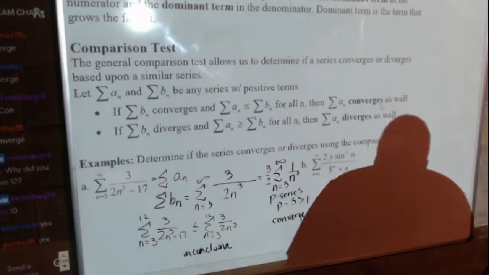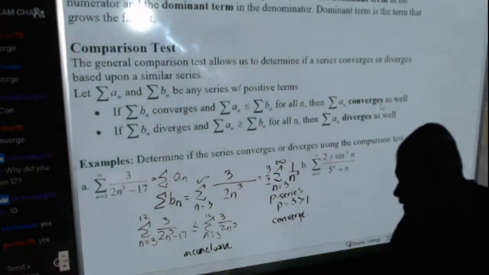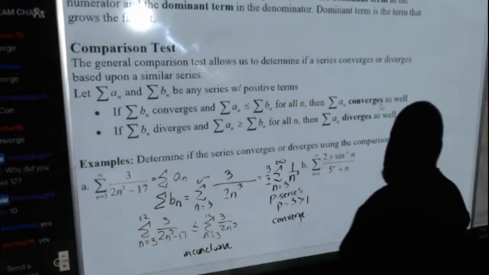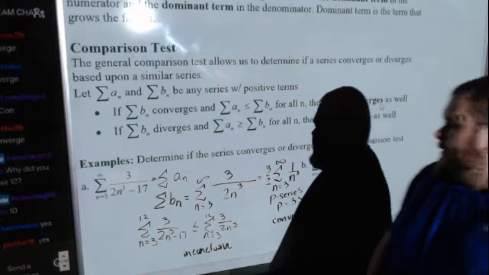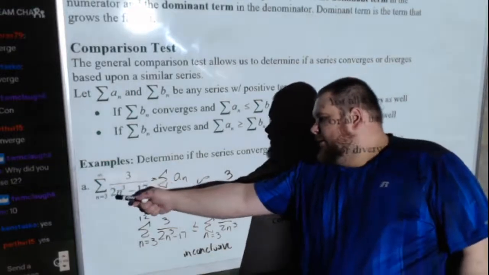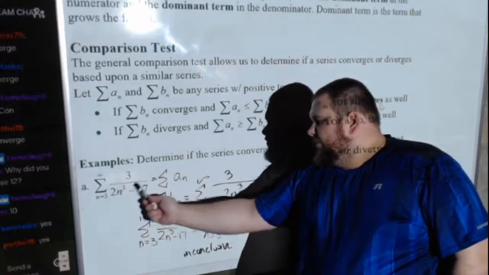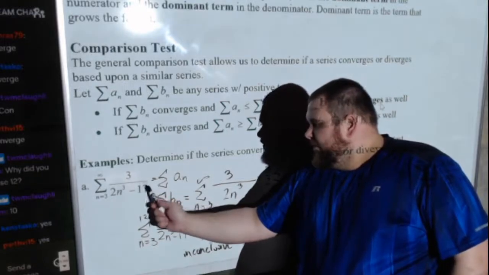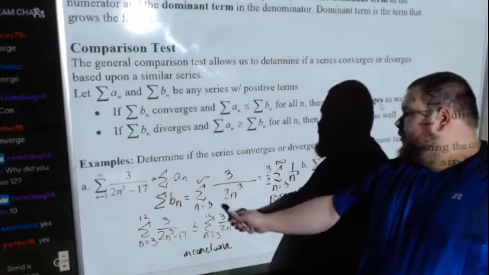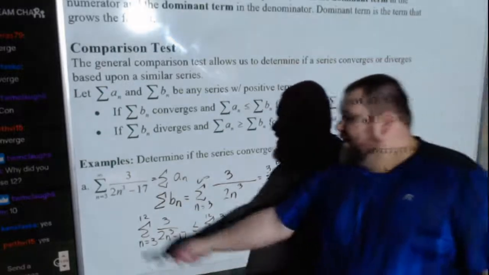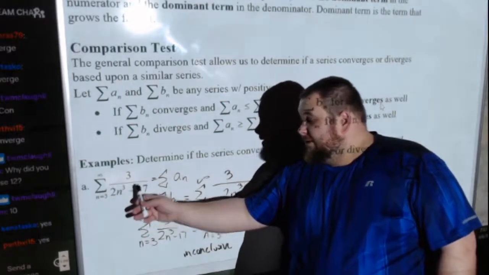All right. Another way we could do this is sometimes we can look at the terms. Okay? So over here, every term in this sum, I'm taking 17 away from the denominator, which means this denominator is going to be slightly smaller than this one, which means every term in this sum is going to be slightly larger.